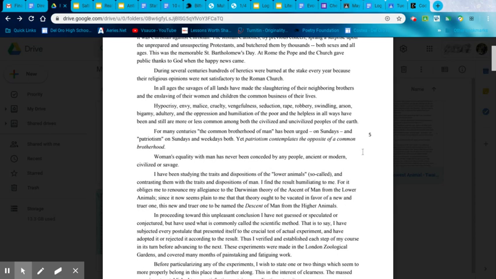For many centuries, the common brotherhood of man has been urged on Sundays, and patriotism on Sundays and weekdays both. Yet patriotism contemplates the opposite of a common brotherhood. Women's equality with man has never been conceded by any people, ancient or modern, civilized or savage.